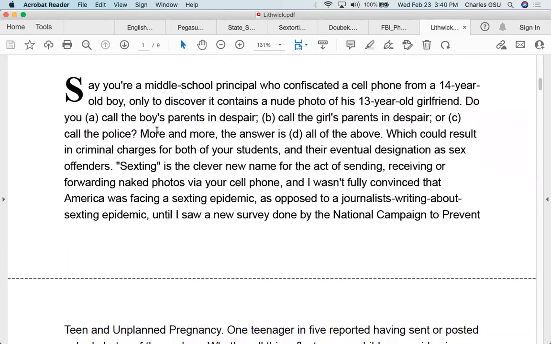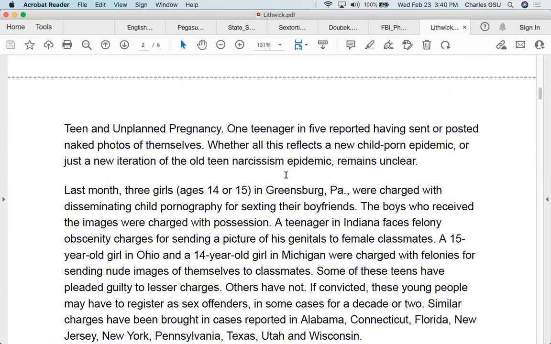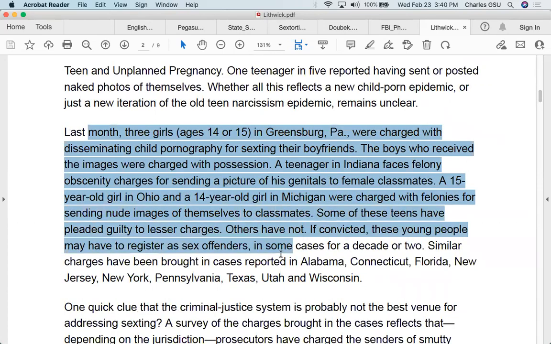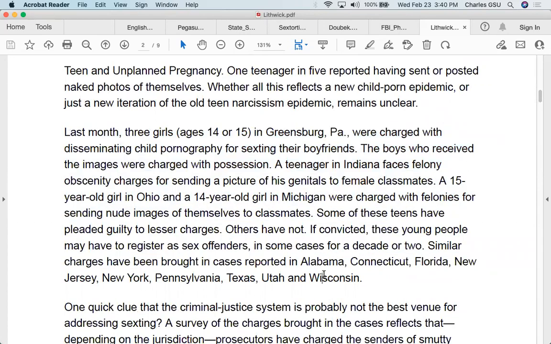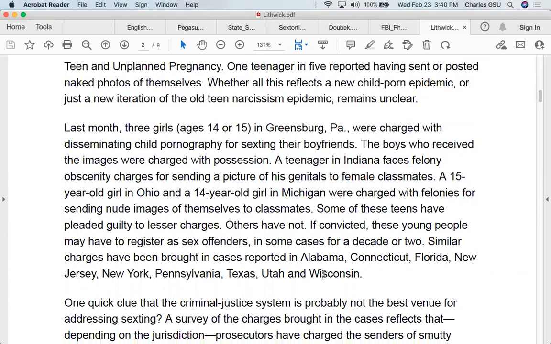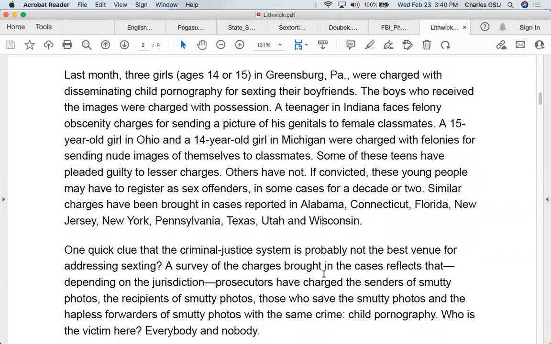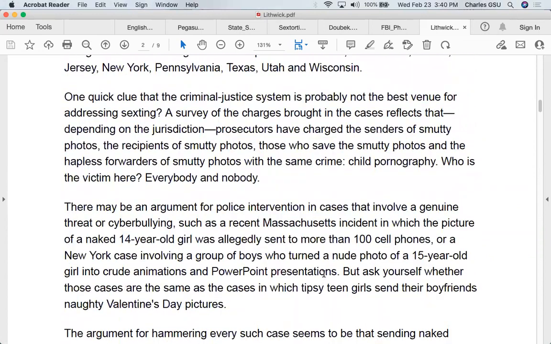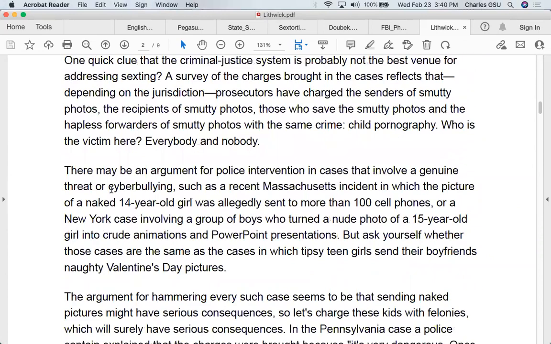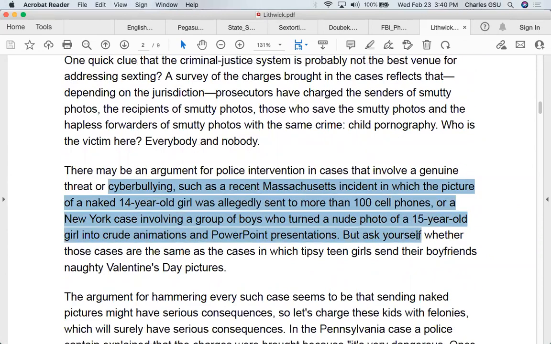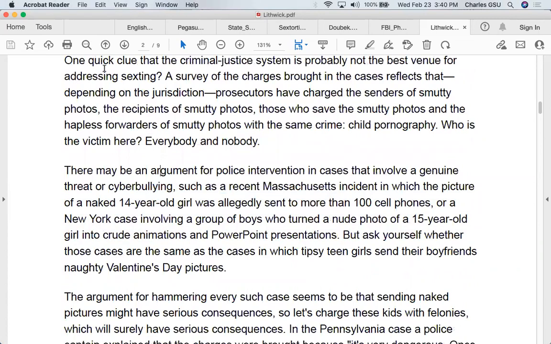And as it says here, more and more the answer is all of the above, that they're calling the police. And then it lists several actual cases of underage boys and girls that have been prosecuted for this.